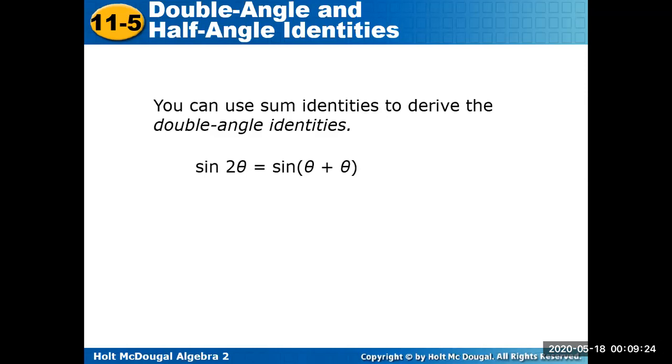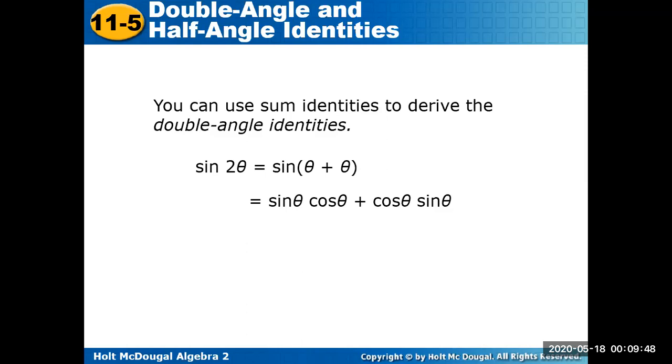So we can use the sum identity, sine of a plus b, but here a and b are both the same, theta. The expansion was sine a plus b is sine a cosine b plus cosine a sine b.